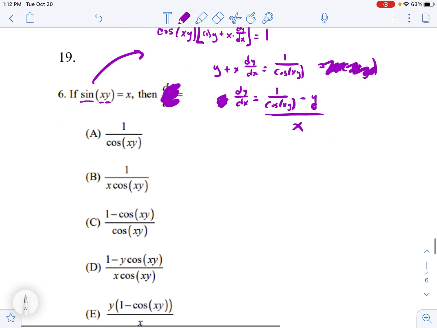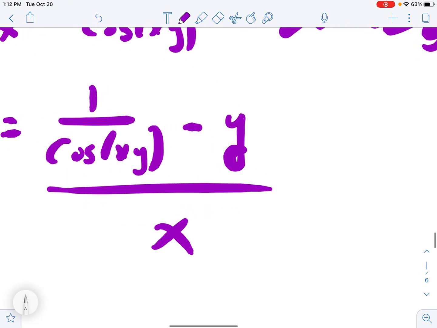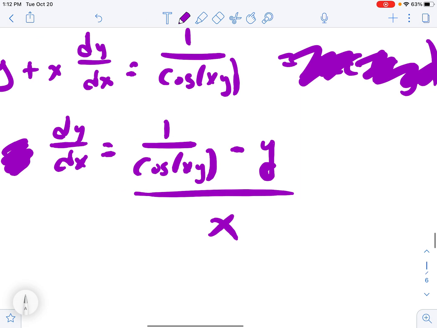Now as we look, we don't see that exactly written that way. The answer's out there, but what we have here is a complex fraction. That's a little fraction within a bigger fraction. And the way we clean up a complex fraction is by multiplying by the least common denominator of our little fractions. So the only little fraction we have is this, and it's cosine of xy in the denominator.